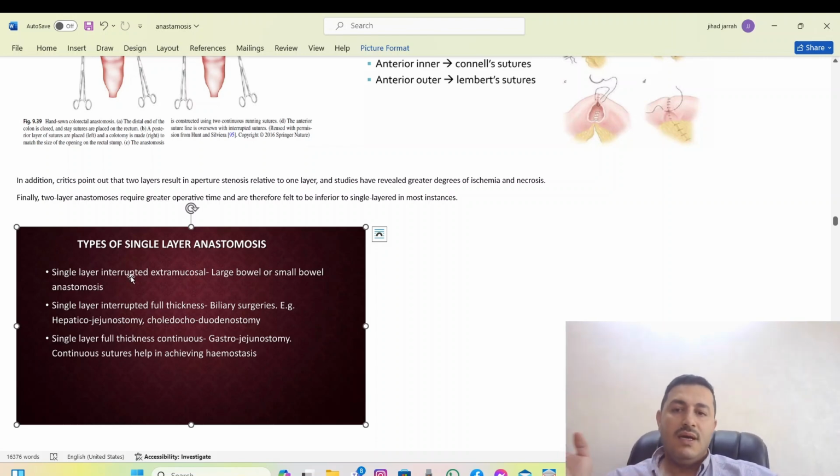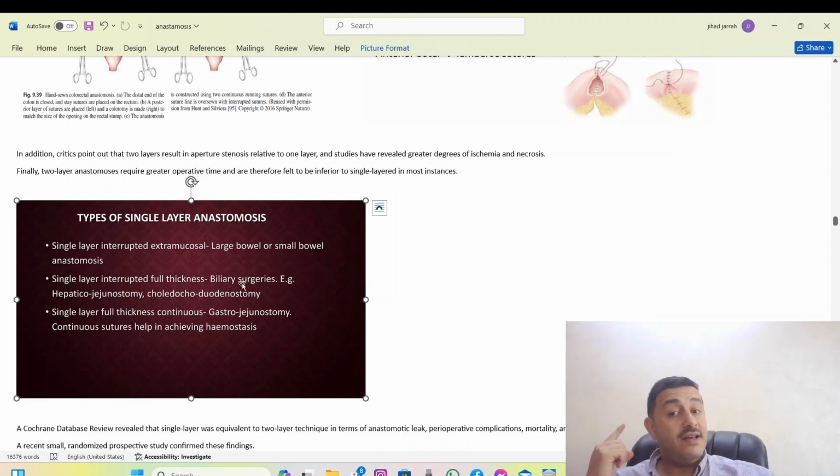Interrupted, extramucosal. Extramucosal, we say Lembert is extramucosal, Halsted is extramucosal anastomosis. While in biliary surgery, they advise single layer, interrupted, full thickness. And in gastric or gastrojejunostomy, they recommend single layer, full thickness, continuous.